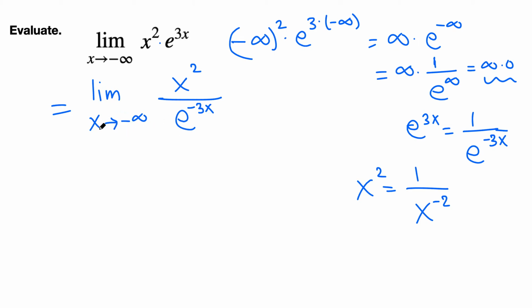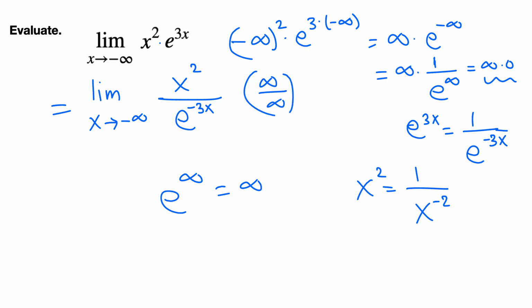Now if we plug in negative infinity, negative infinity squared is positive infinity on the top, and e raised to negative of x going to negative infinity means positive infinity. E raised to very big means still big, so infinity.